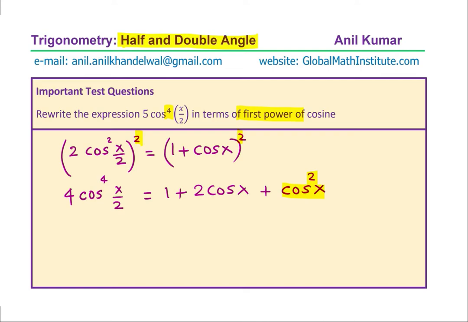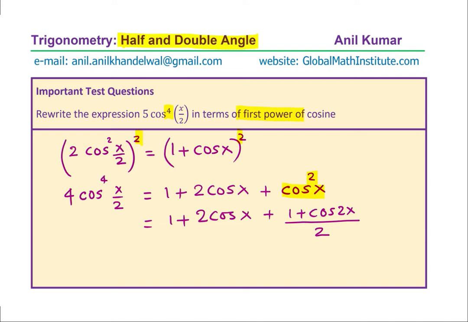So now you need to rewrite this in terms of cosine. Now what is cos square x equal to? Well, cos square x can now be written as 1 plus, we have 2 cos x, no problem with this term. But the cos square x can be written as 1 plus cos 2x over 2.